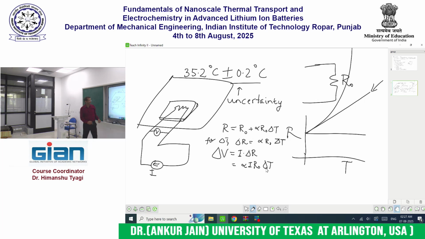If the initial voltage was 10 volts, and if it changes to 10.00001 volt, that would not be easy to measure. But if it changes to 10.1 volt, that is much easier to measure. I can measure this also, no doubt.